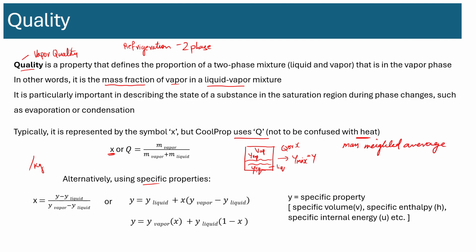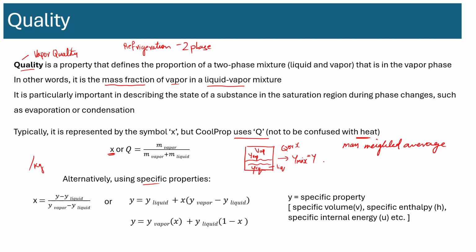So what does that mean? If you have Y liquid, then what you need to do is figure out what is the ratio of mass of liquid in this, and what is the ratio of mass of vapor in this, and then multiply them with their corresponding values.